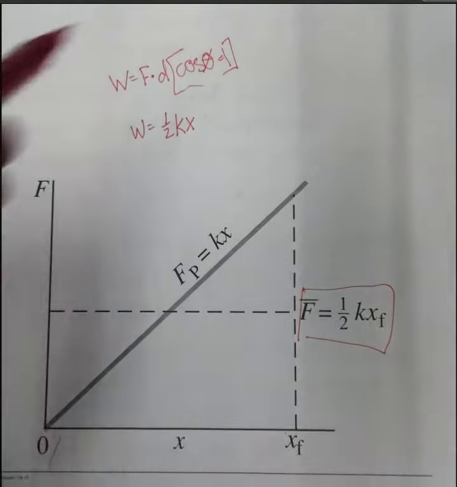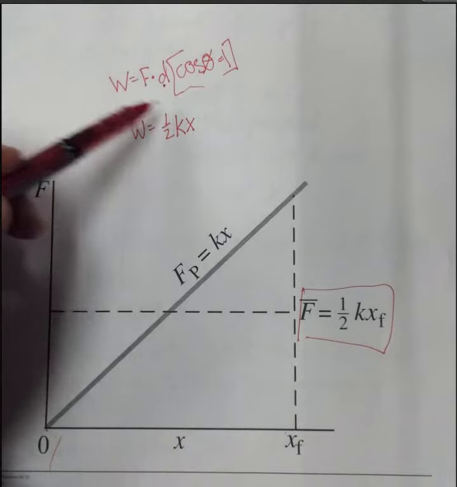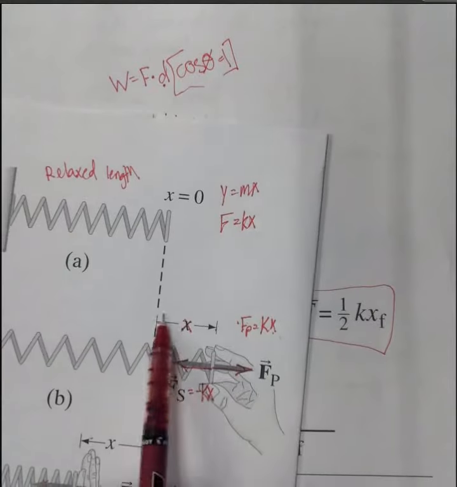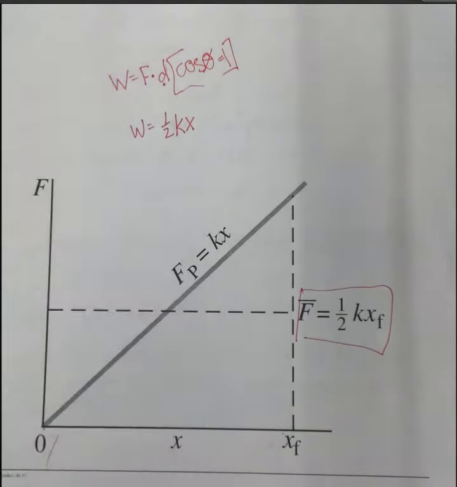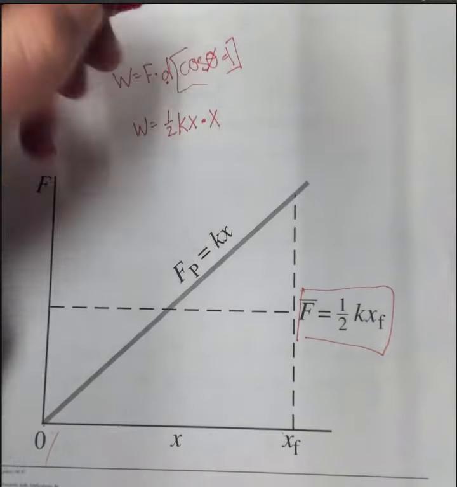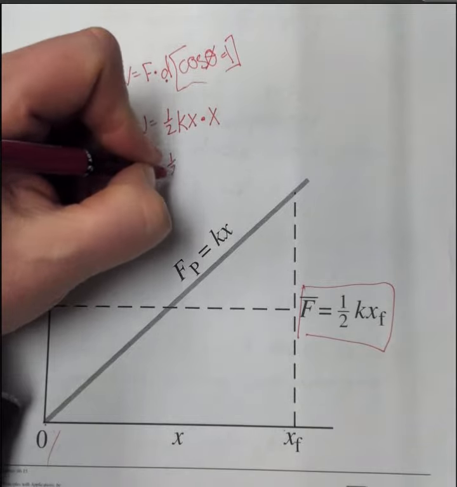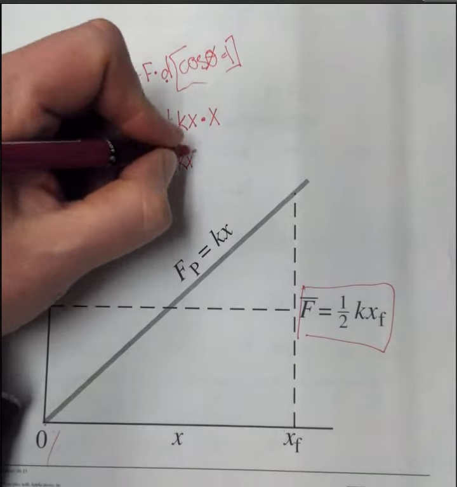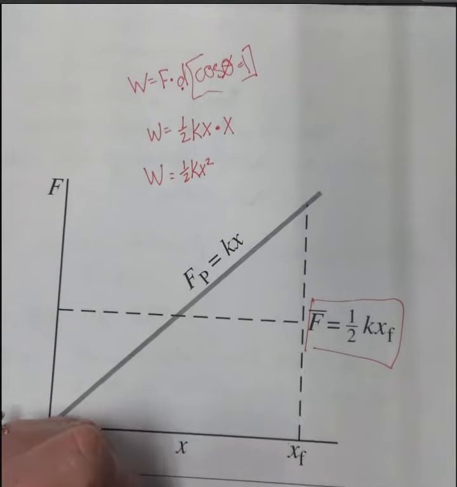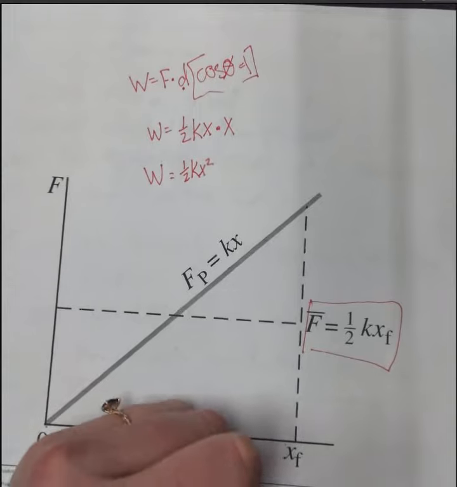And it's going to be across a distance, and the distance that the spring is either getting stretched or compressed is the amount x. So that's going to be 1/2 kx times x, or in other words, work done is going to be equal to 1/2 kx squared. And now we have this value, 1/2 kx squared, that we can define as elastic potential energy.